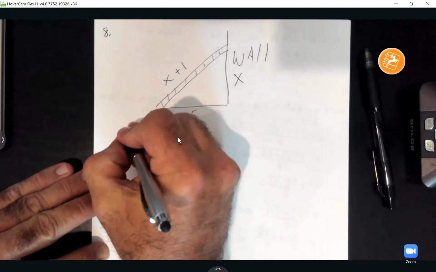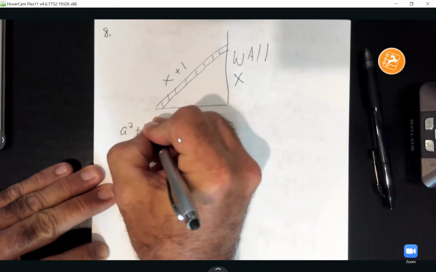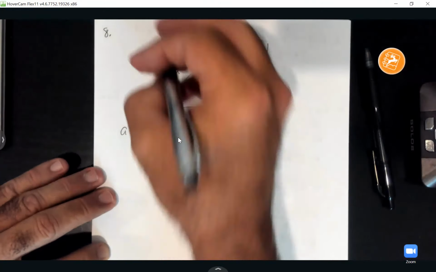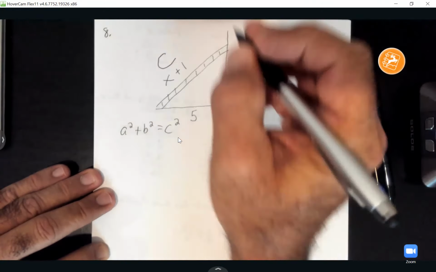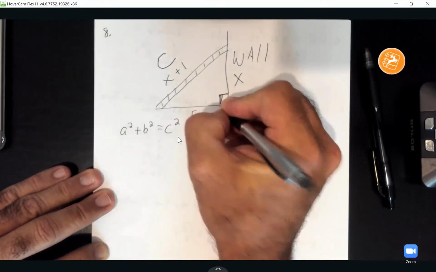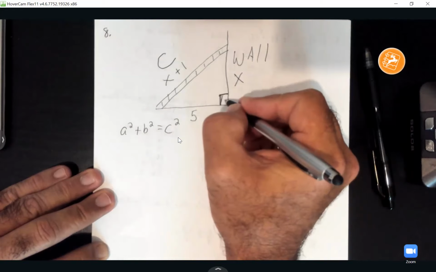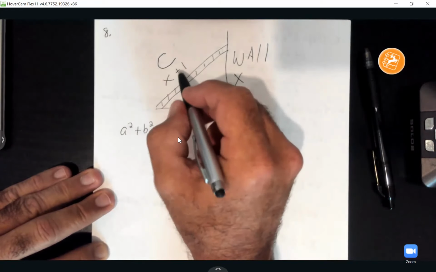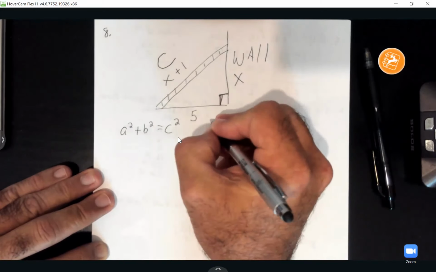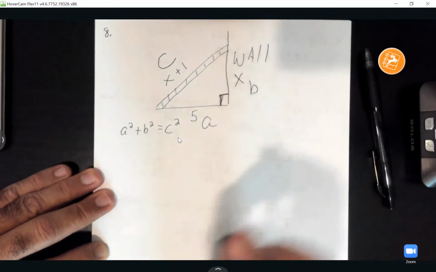All right, so y'all, now we're going to do the a squared plus b squared equals c squared. X plus 1 has to be the c because it's the side across from the right angle of what we call the right triangle here. So x plus 1 will be my c, and then I'll let 5 be a and x be b.